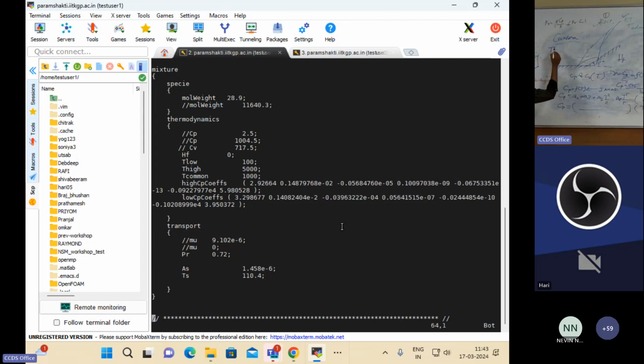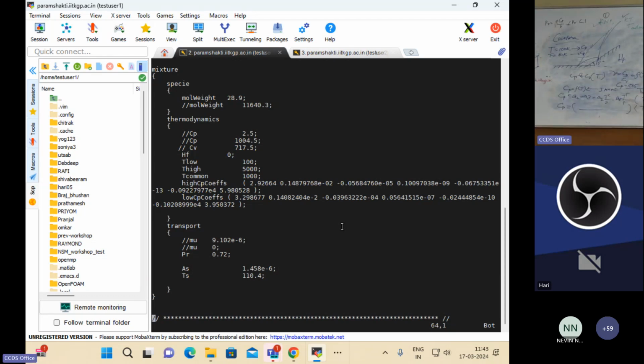At a temperature, let's say 100 Kelvin, what is the CP? It will fetch that, right? At temperature 110 Kelvin, it will fetch the CP. So you can make a table out of it, use a regression formula in Python, and you can obtain these coefficients, right? But in most cases in OpenFOAM, they come with default coefficients. If you want to change this, you can use Cantera.